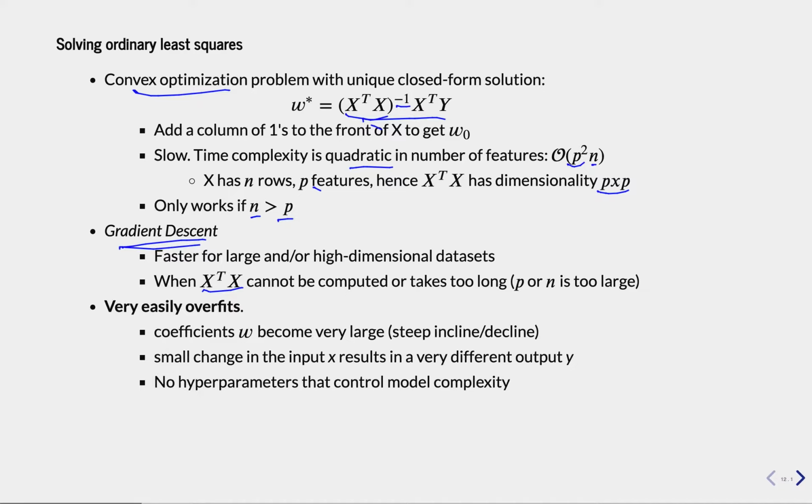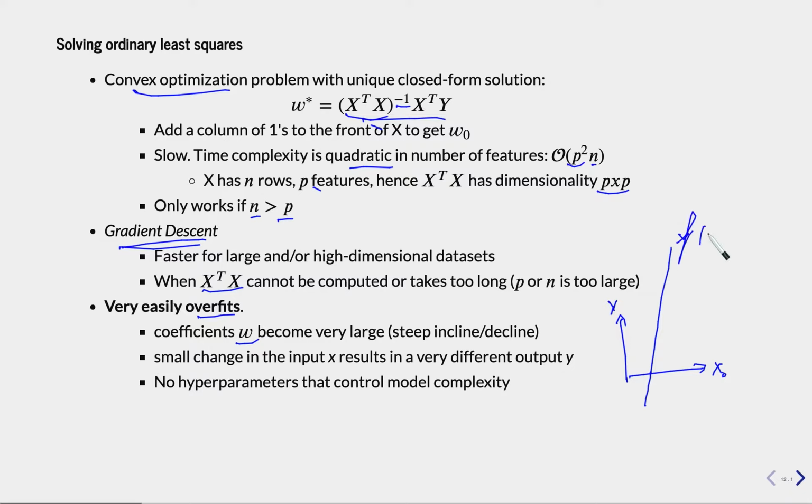No matter which one you use, least squares has a problem that it very easily overfits the training data. You will see that the coefficients will be very large, which means that if you have a variable x0 and this is y, if the coefficient is large, then in this direction of x0, this function will be very steep.